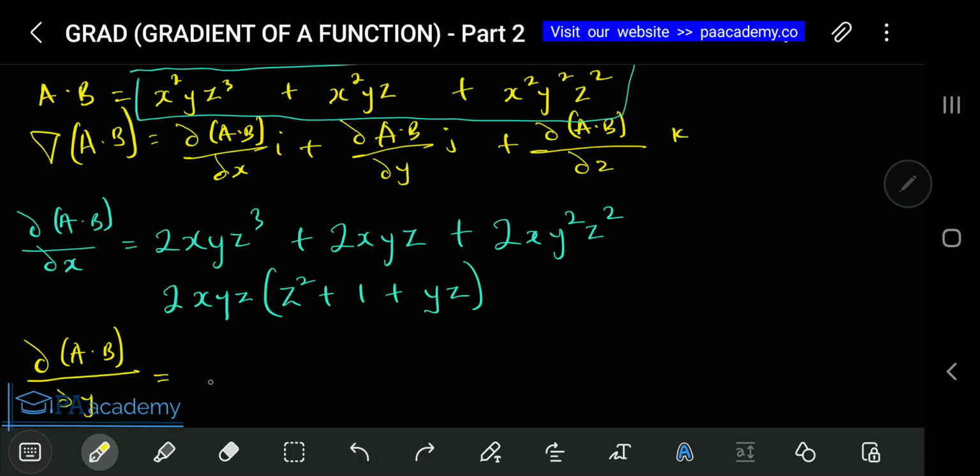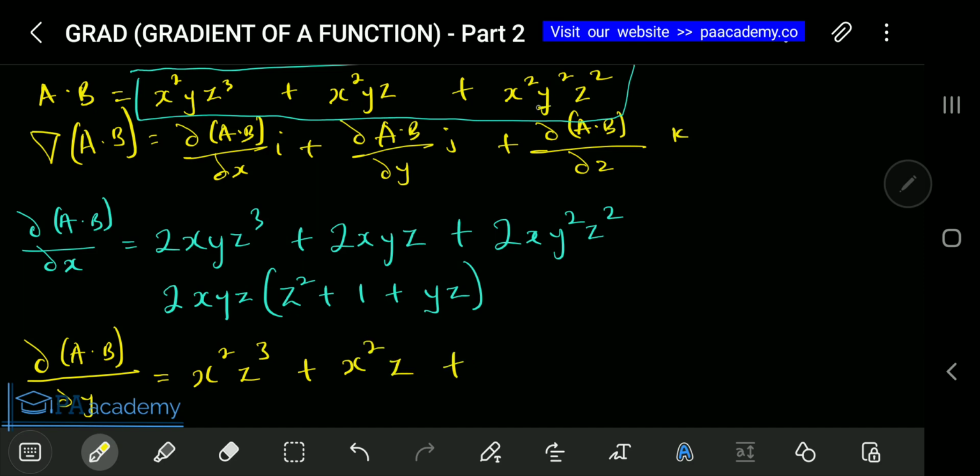So we'll be left with x squared z cube plus. So let's go to the next one. If you differentiate y, it will be 1, so x squared and z will be a constant. So we'll be left with x squared z plus.